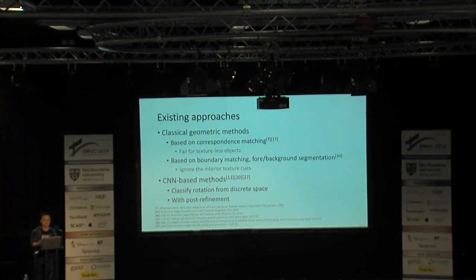And at last, one thing that most methods didn't consider: if there are multiple objects present in the scene and they are in the same class, like there are multiple chairs in the scene right now, there are two microphones here right now, how can we simultaneously predict the pose of these objects with just a single inference?